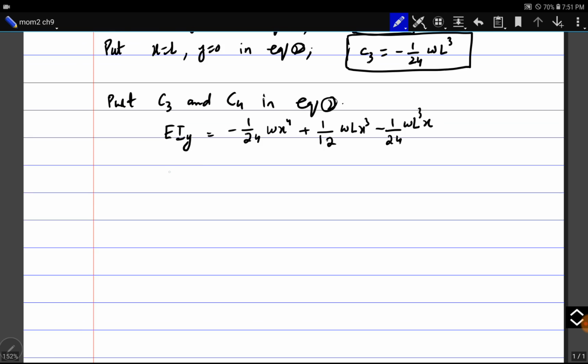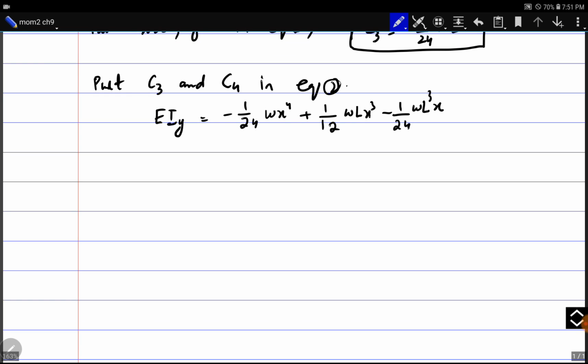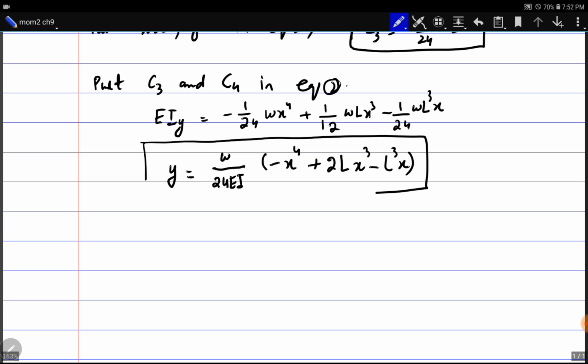Rearranging this expression by keeping y on the left side alone and all of the other terms on the right side, we can rewrite this expression as y equal to W divided by 24 EI into minus x power 4 plus 2L x cube minus L cube x. This expression is the equation of elastic curve. Let me call it equation number 3. This is the equation of elastic curve.